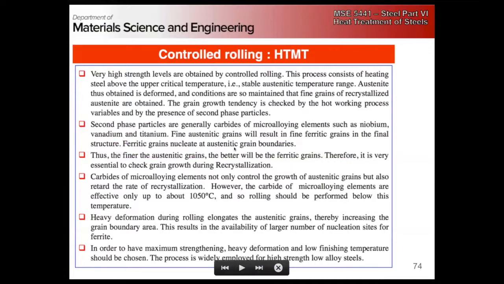Upper critical temperature is A3. So the idea: fine austenite grains, fine ferrite grains, because in almost everything that we talked about, ferrite grains nucleate at prior austenite grain boundaries.